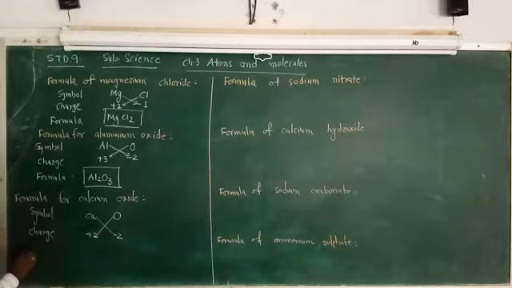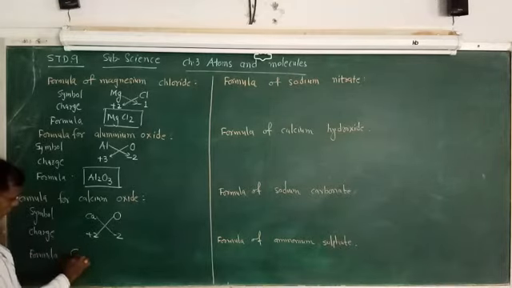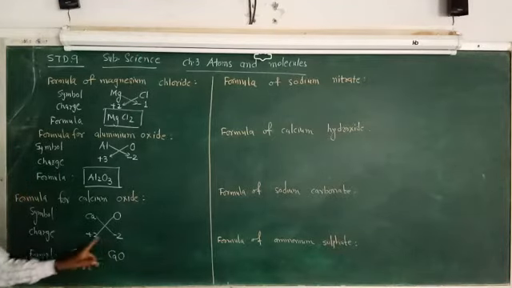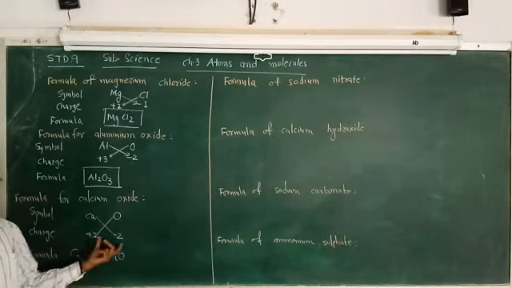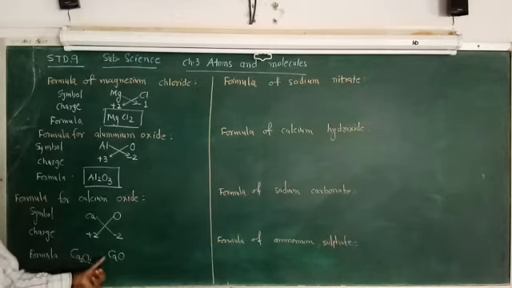So here the formula is Ca2O2. It is also written as CaO for simplification, because both the charges are equal, +2 and -2. So for simplification we write CaO, calcium oxide.